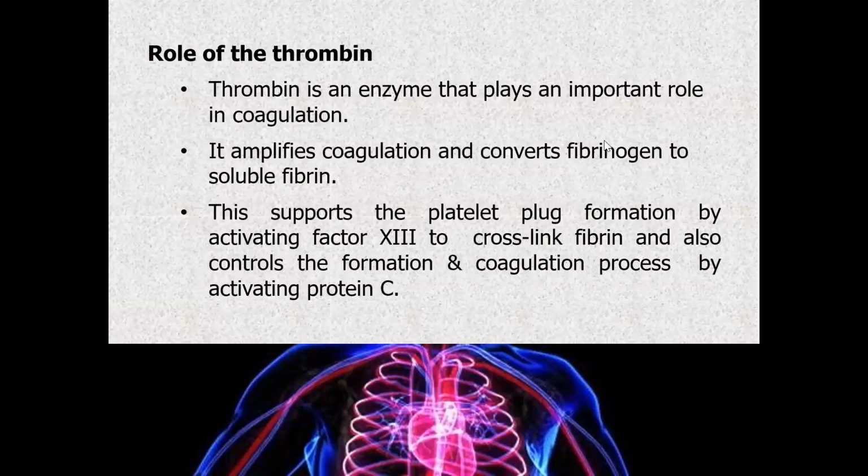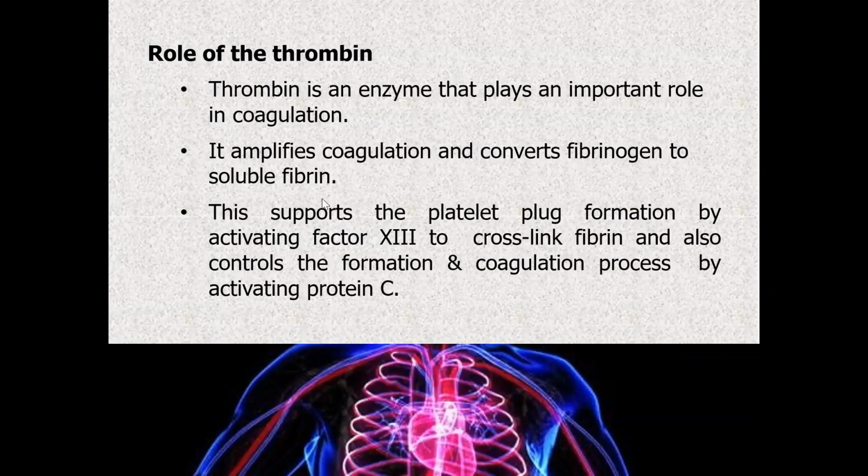So, let's first discuss thrombin. Okay, so thrombin is an enzyme that plays an important role in coagulation. It amplifies coagulation and converts fibrinogen to soluble fibrin.